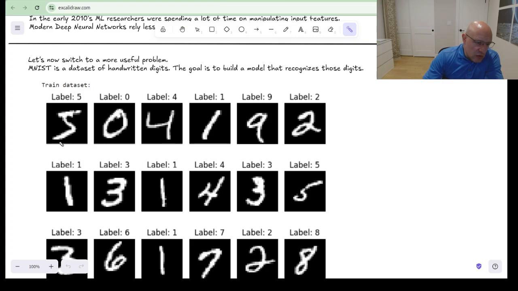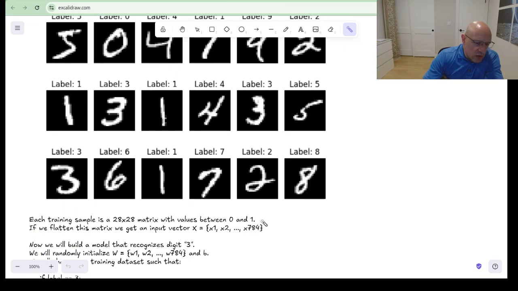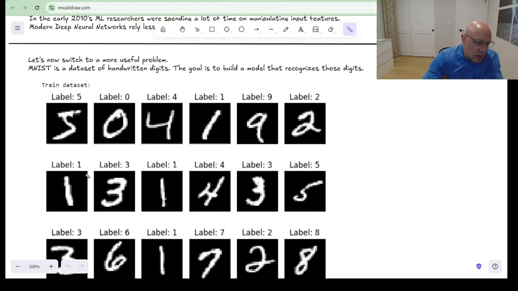Each pixel is represented by a number between 0 and 1, where 0 means it's a completely dark point, and 1 means it's the brightest point. And each image comes with a label. So this one is label 5, which means that the handwritten digit is 5 here.